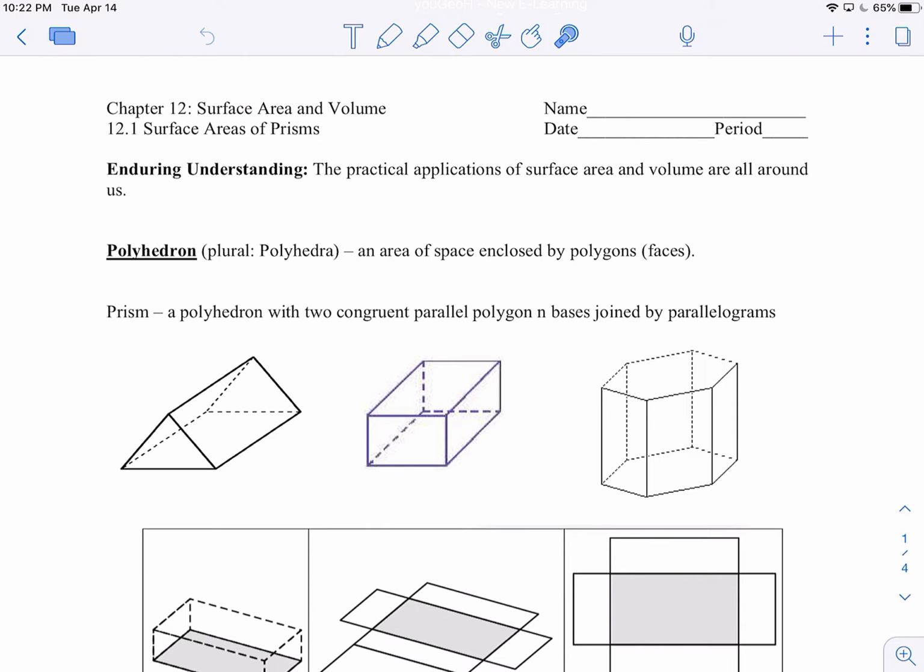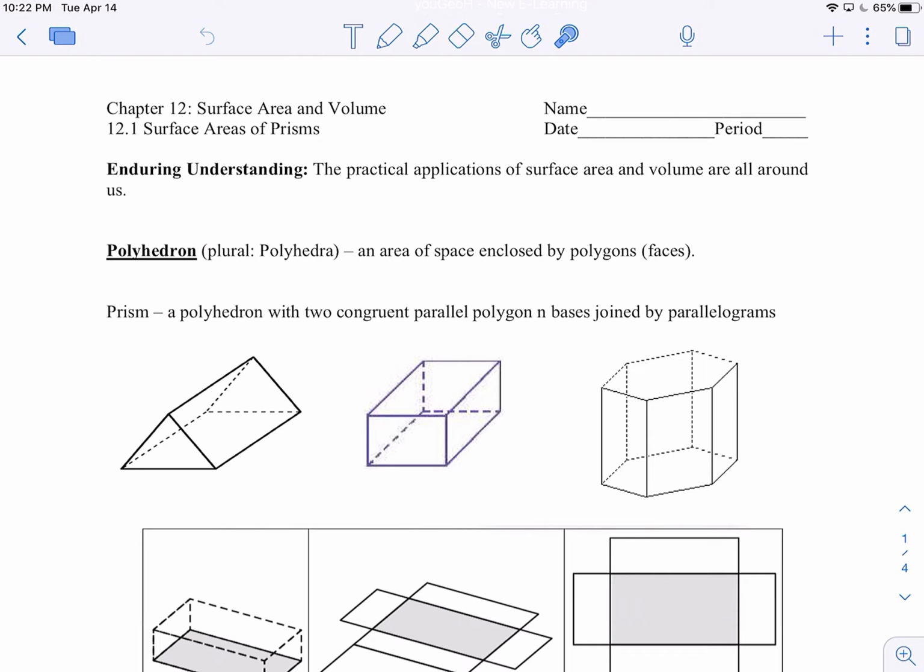For example, I just moved, so I have a ton of boxes, and boxes are a great example of a polyhedron. Specifically today, we are going to talk about prisms and boxes. Rectangular boxes, any sort, are all types of prisms. You can think maybe you are looking in your pantry.